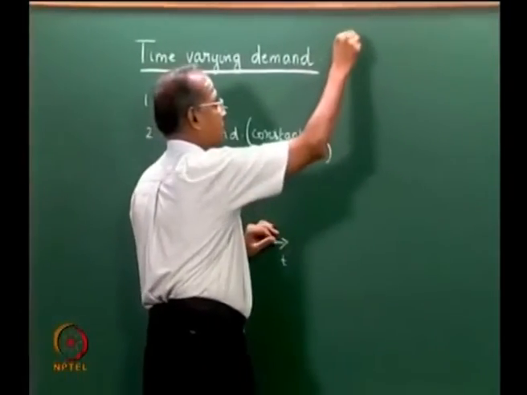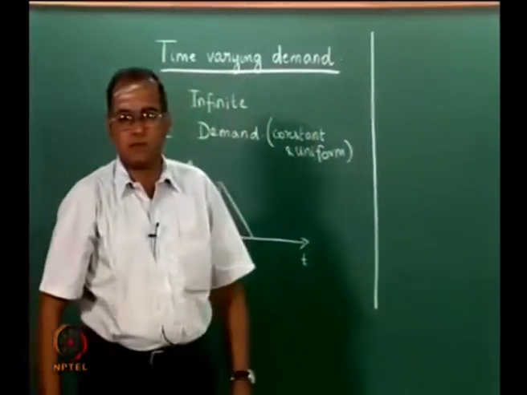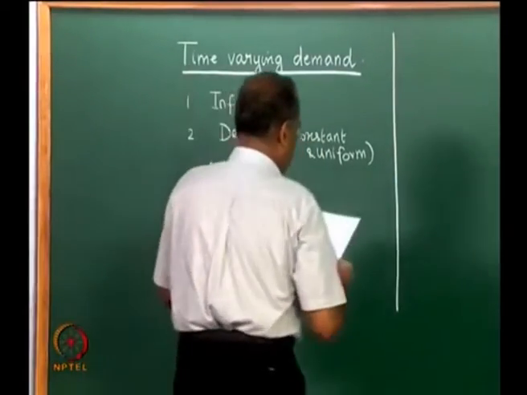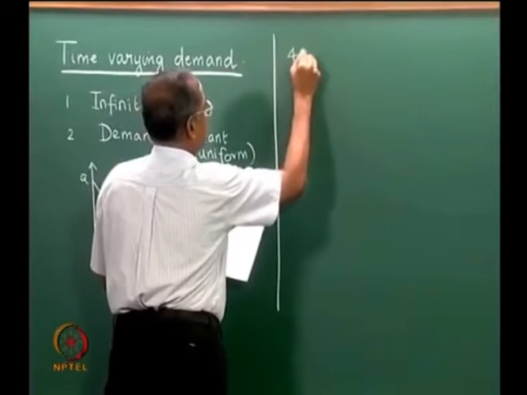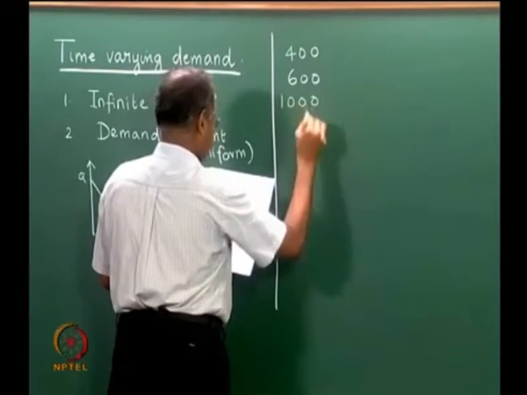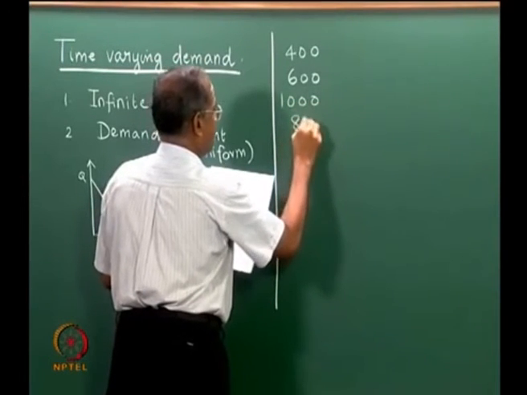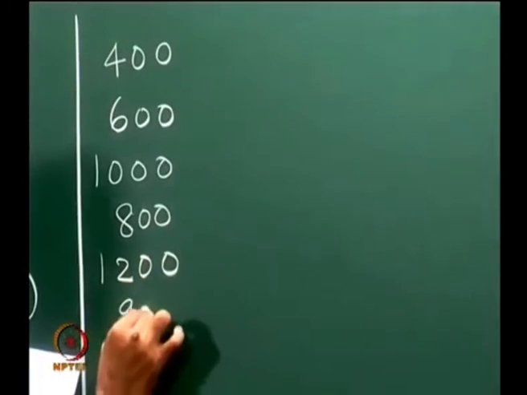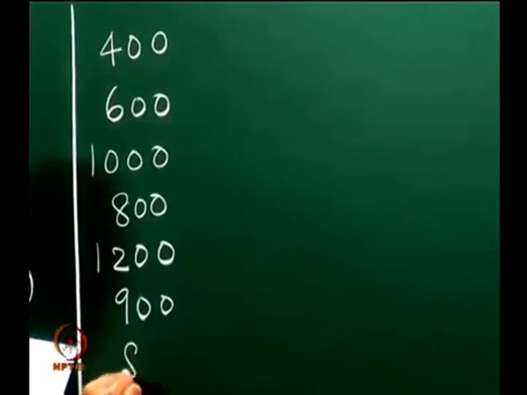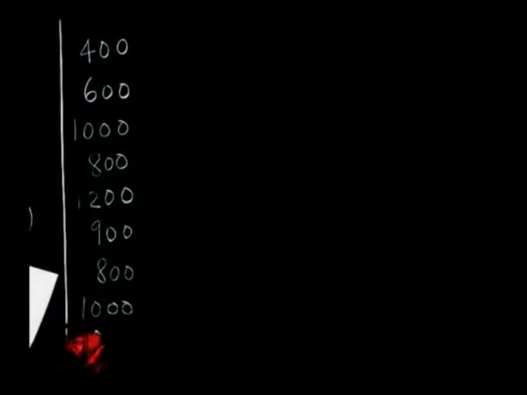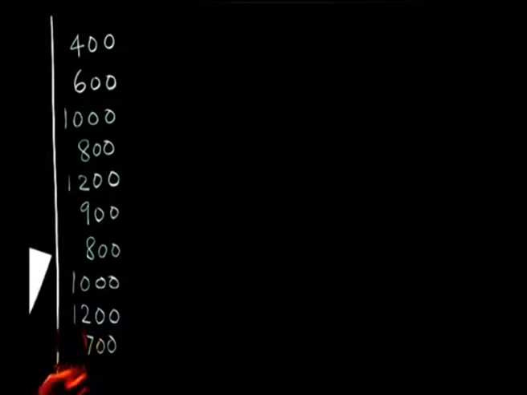So let us take an example and try to explain a few things about time varying demand. We assume that we have demand for 12 months and these demands are 400, 600, 1000, 800, 1200, 900, 800, 1000, 1200, 700, 600 and 800.